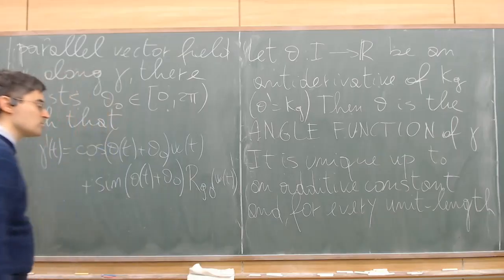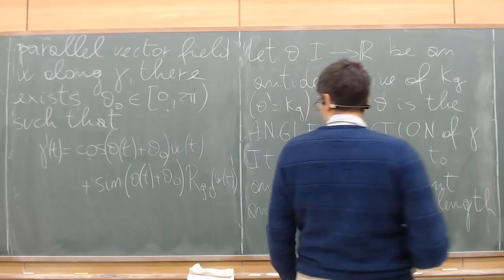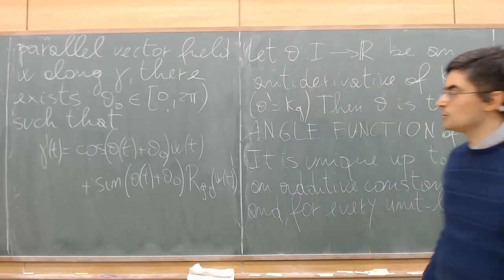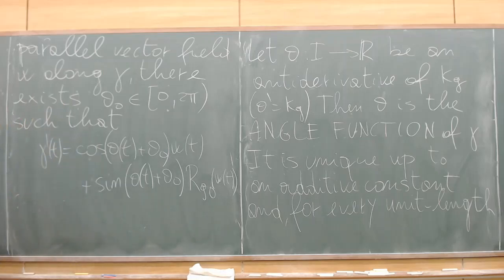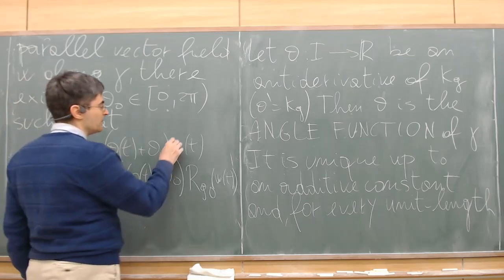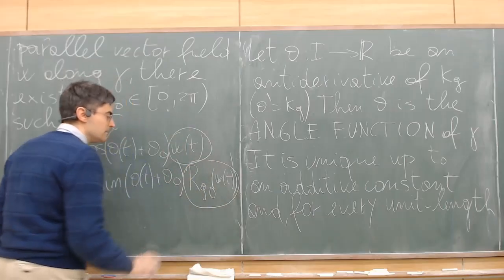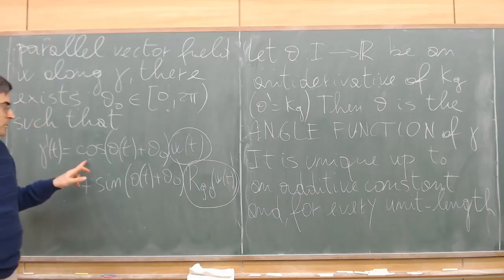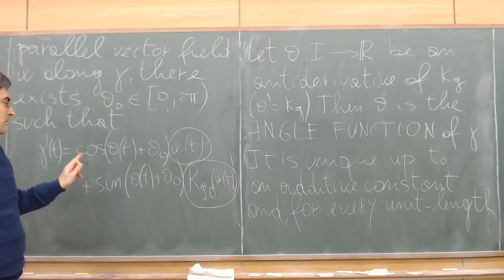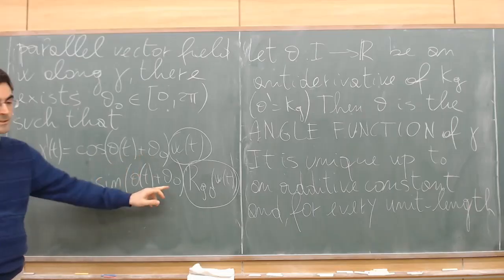So this definition says that the velocity vector of a curve can be written as a linear combination of W of t and R90 W of t, and the corresponding coefficients are the cosine of theta of t plus a constant and the sine of theta of t plus a constant.